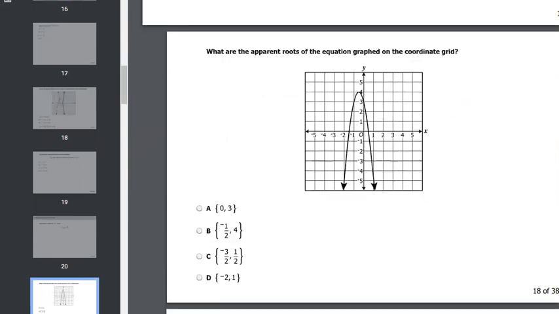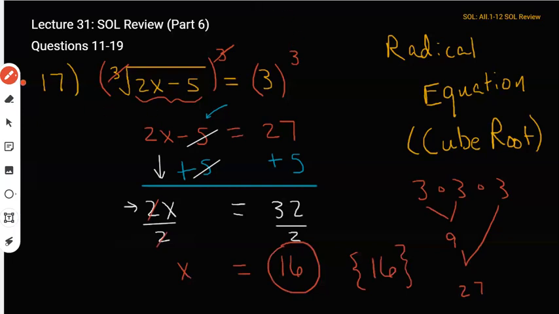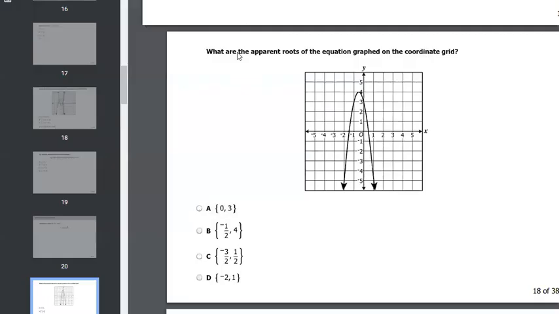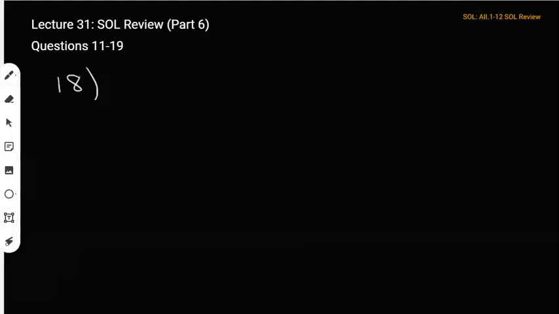All right, 18. It says, what are the apparent roots of this equation that's graphed? So when I think about roots, I should also think about what? Roots are the same thing as what?